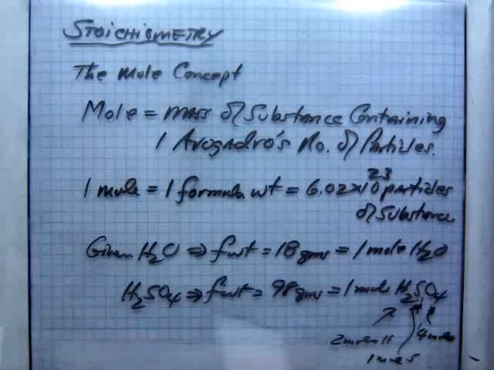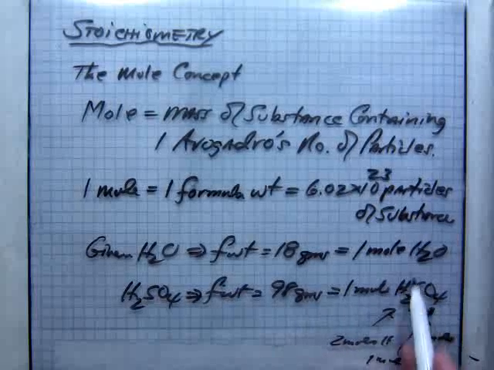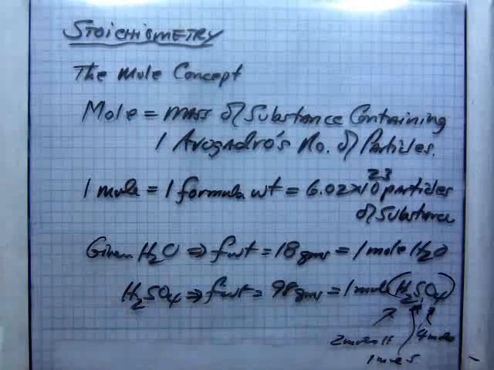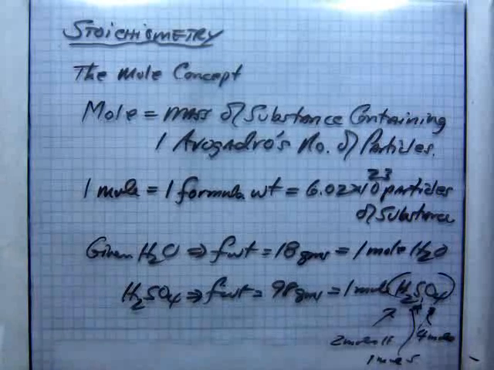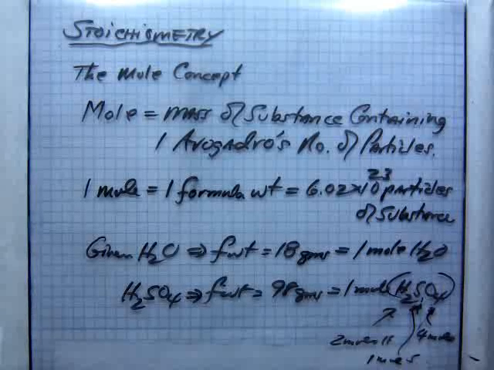So when we talk about H2SO4, 98 grams, we're talking about the entire molecule, but you can extend that to talk about moles of elements in that structure, which is a subscript of that in that formula.